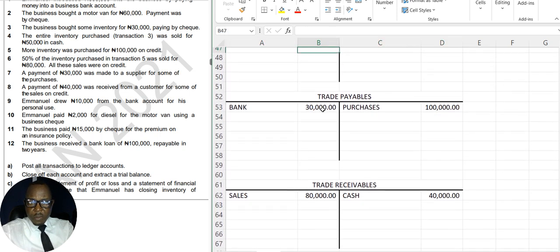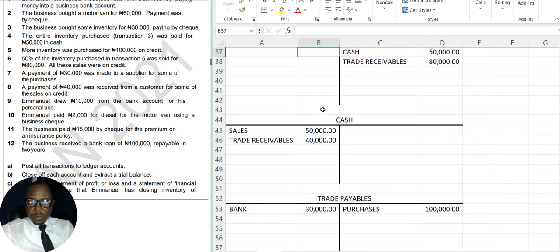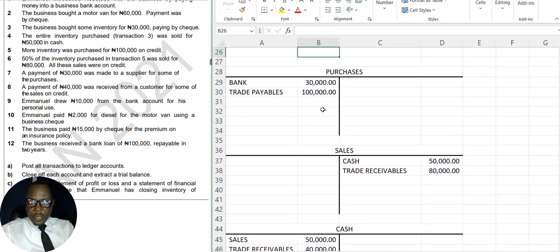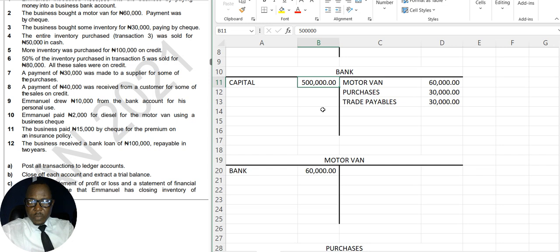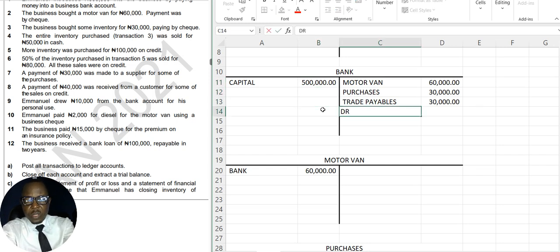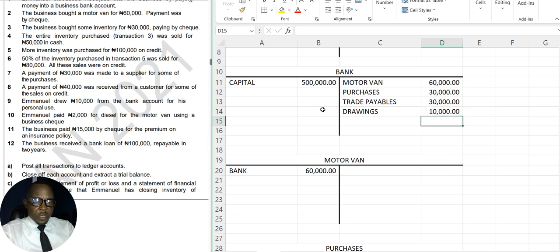Go to bank and reduce your assets at the bank. This is bank. So you give it to drawings. Drawings is how much? 10,000 naira. All right, I think that is that for number 9.